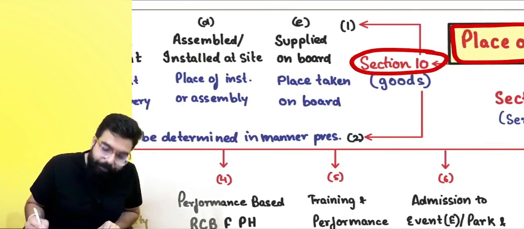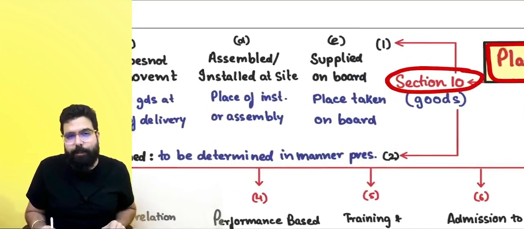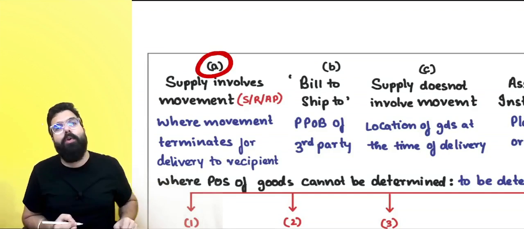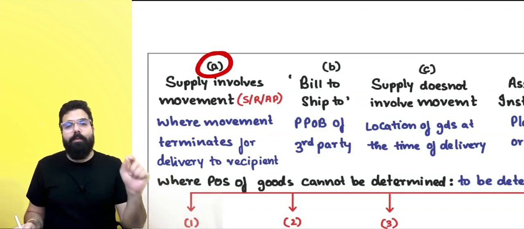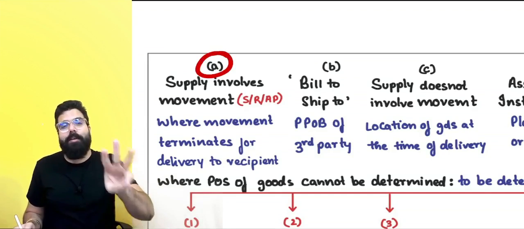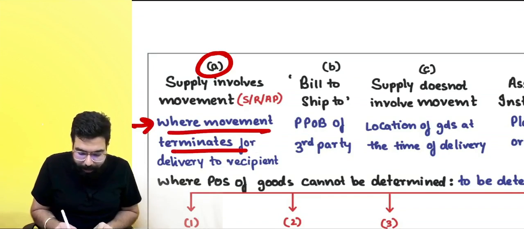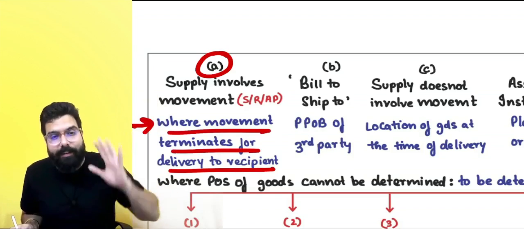Section number 10 relates to place of supply with respect to goods. Section 10(1)(a) says if supply involves movement either by the supplier or the recipient or any other person, the place of supply is where the movement terminates for delivery to the recipient.